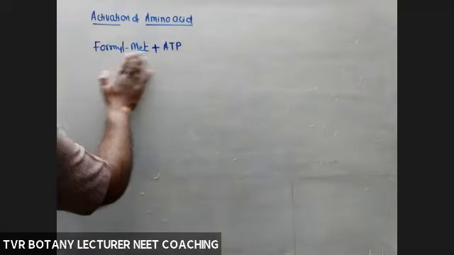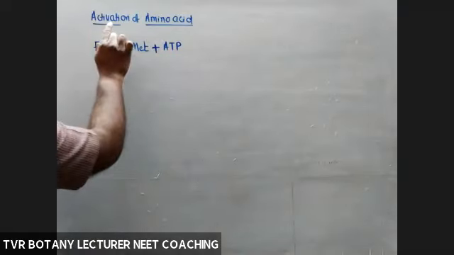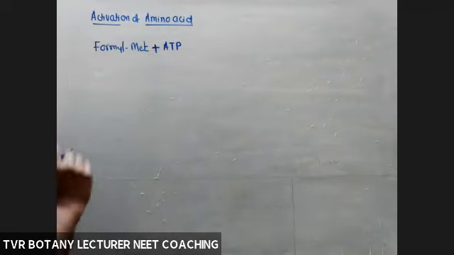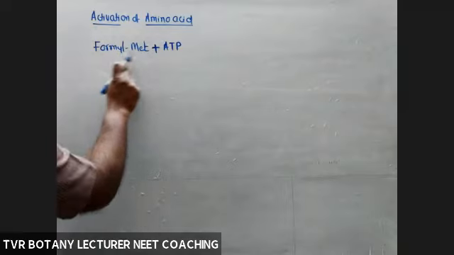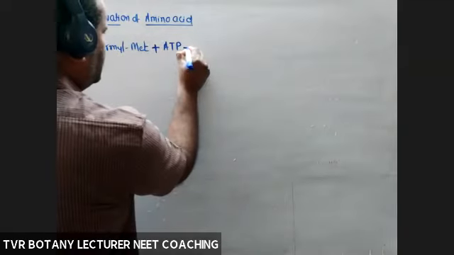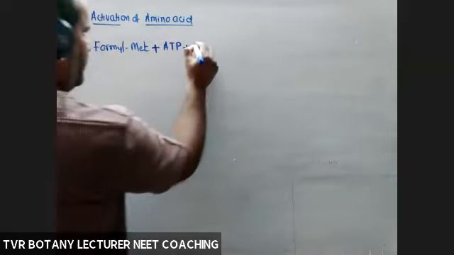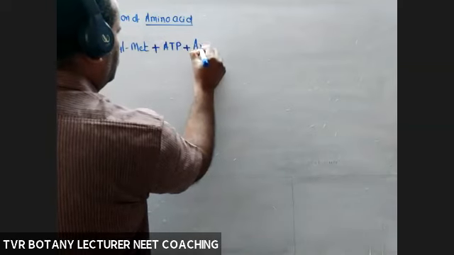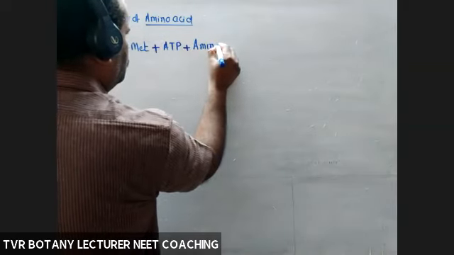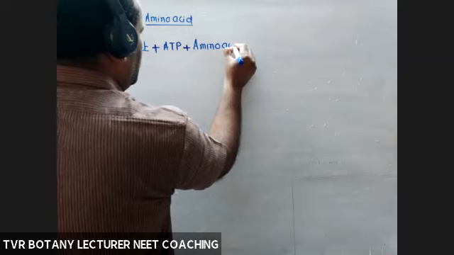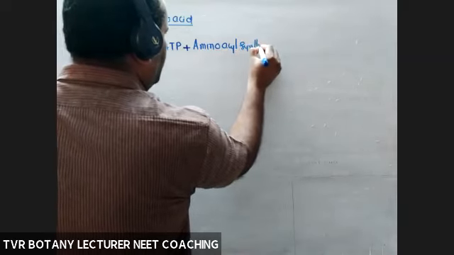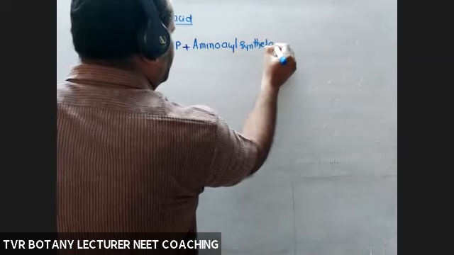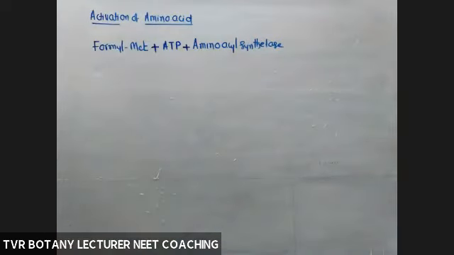Here we are doing activation of the amino acid, not charging of the tRNA. So the first step is activation of the amino acid: formyl methionine plus an ATP molecule plus an enzyme. What is that enzyme? Amino acyl synthetase enzyme.